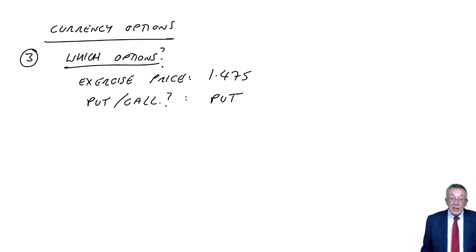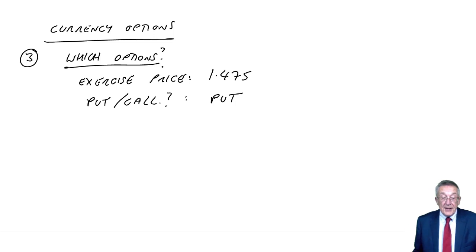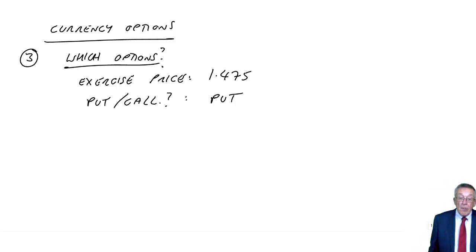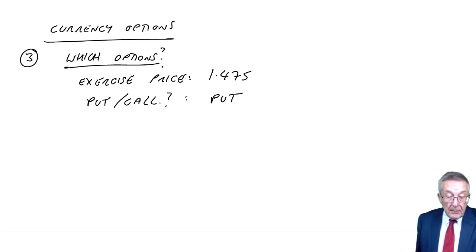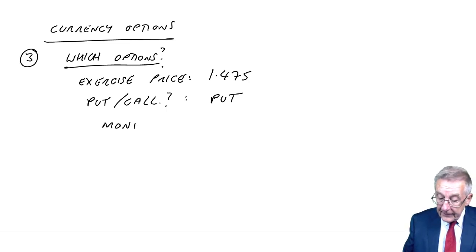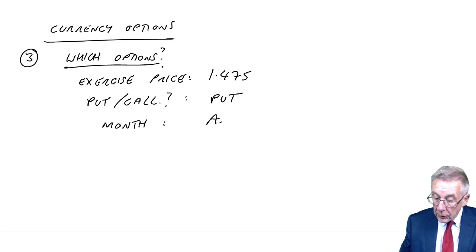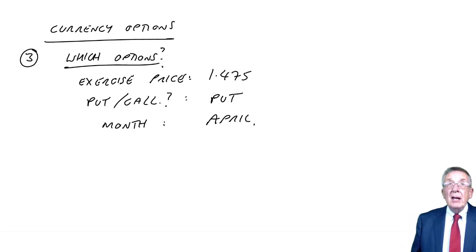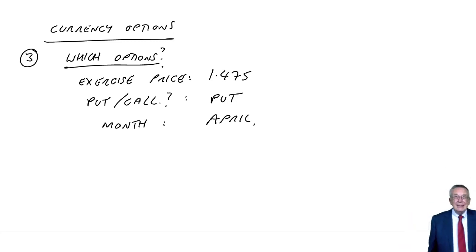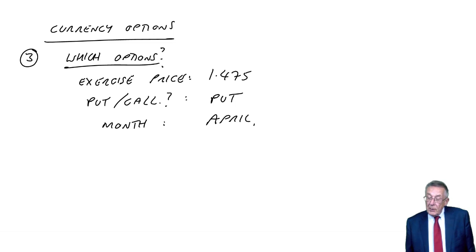What else do we need to know? Well, we need to know what month. Is it March, April, May? Well, we need the money in April. We'll therefore go for April puts. Now it says in April. However, these will be European, but we ignore the fact it might not be the end of April as far as the exam's concerned. So there we are.